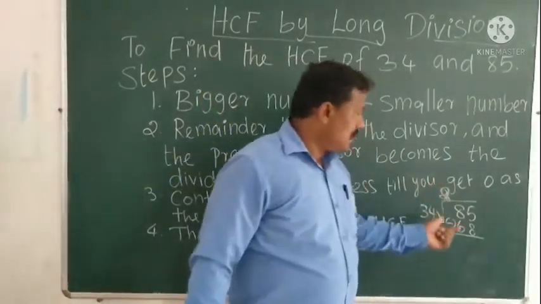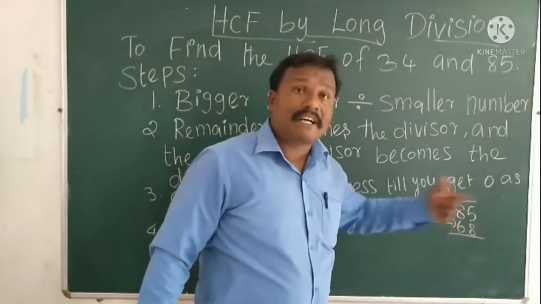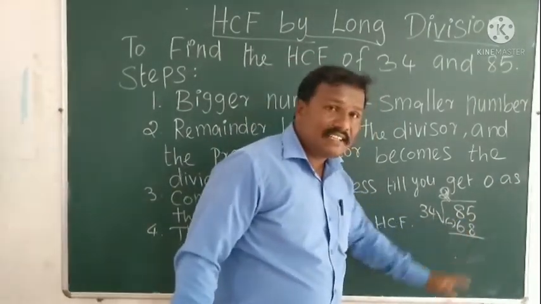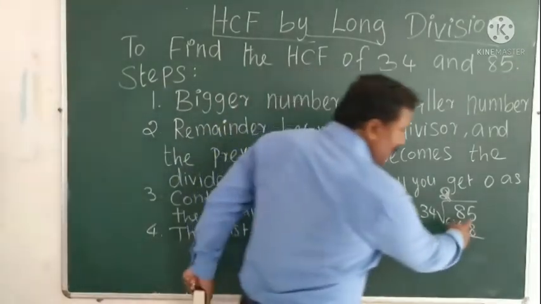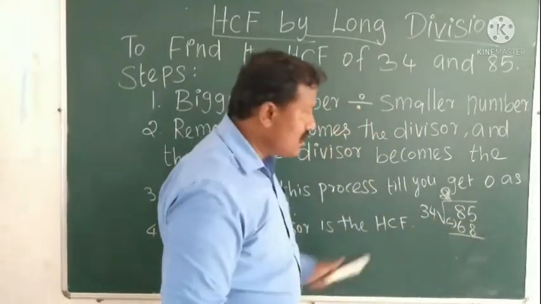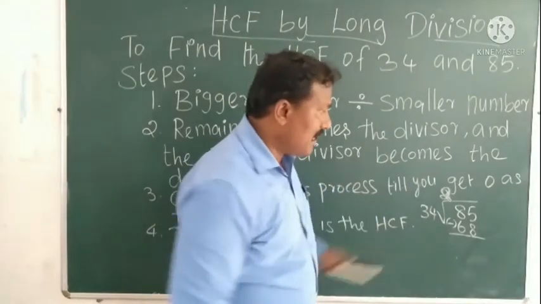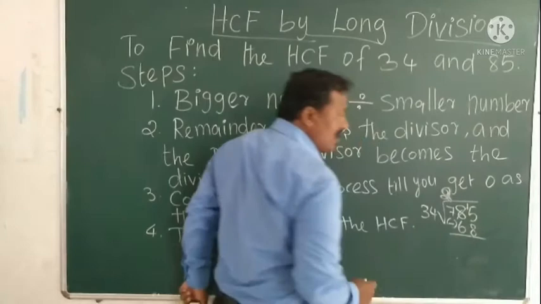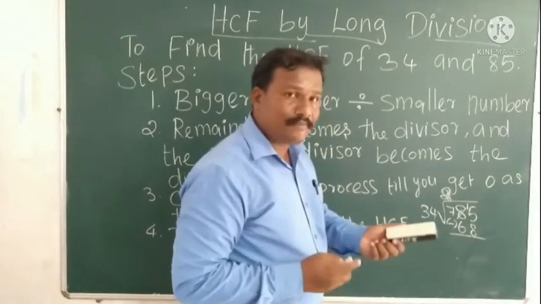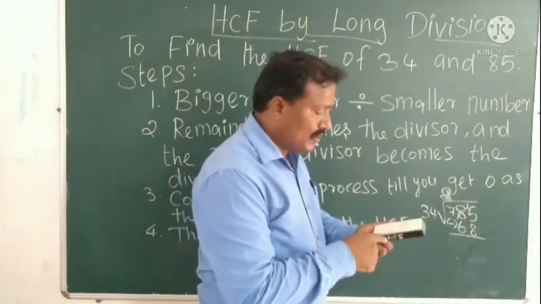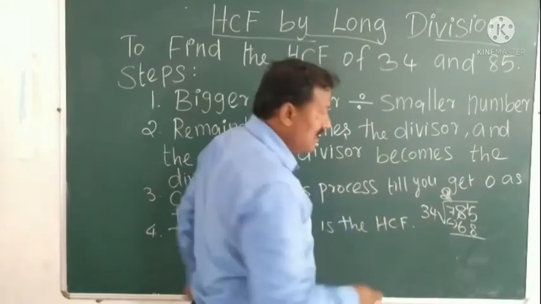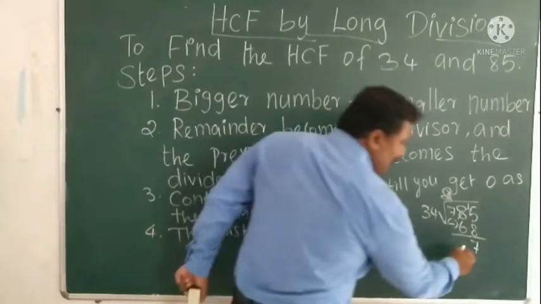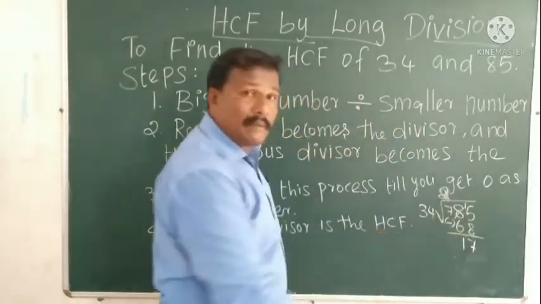Now 85 minus 68, you get some remainder. 5 minus 8, we can't subtract, so borrow from the nearby number. Here 8 becomes 7, and here 15. So 15 minus 8 is 7. That is the remainder digit. Then 7 minus 6 is 1. So 17 is the remainder.